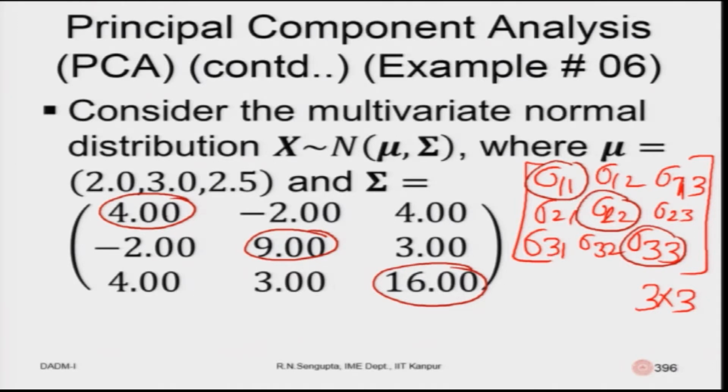Now, come to the covariances. The covariance values are not 0, obviously, which means they are not orthogonal, there is a dependent structure. So, these are the values. The covariance of the first to the second, or second to the first, is given as -2. So, it is negatively related.